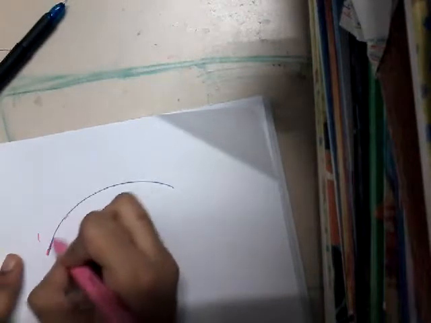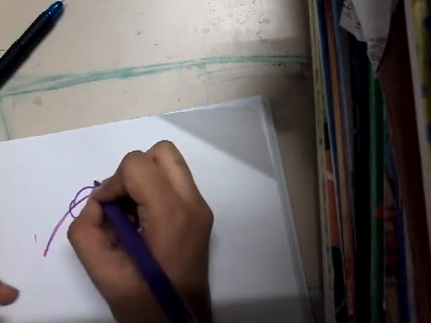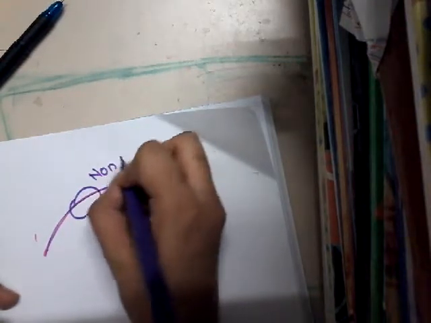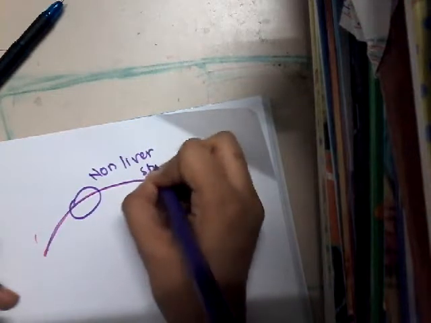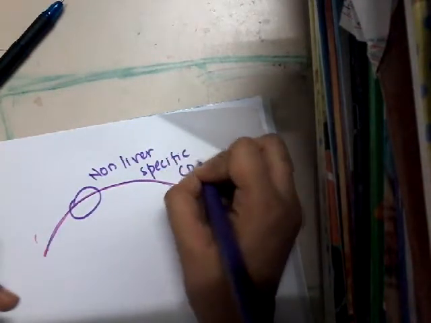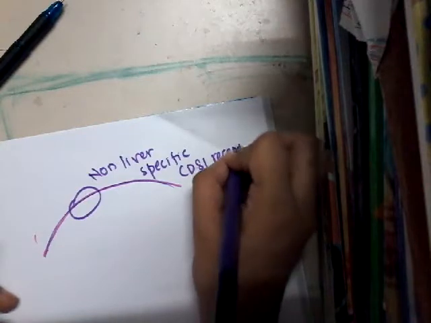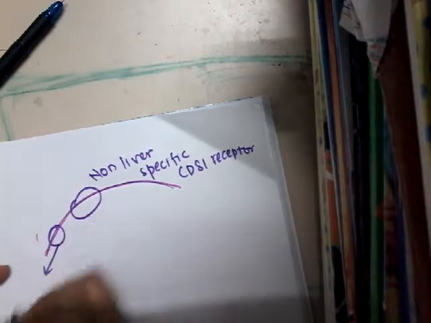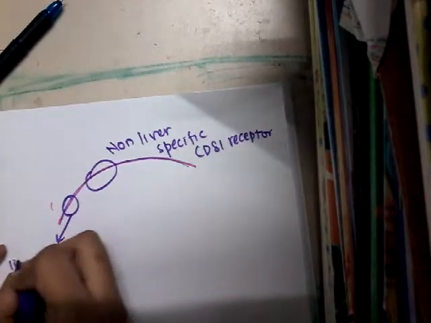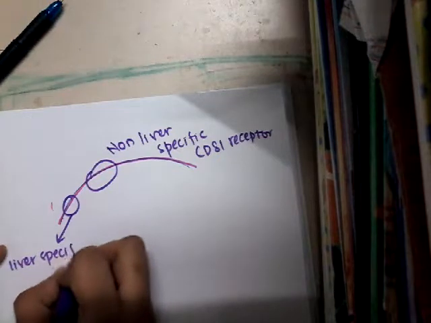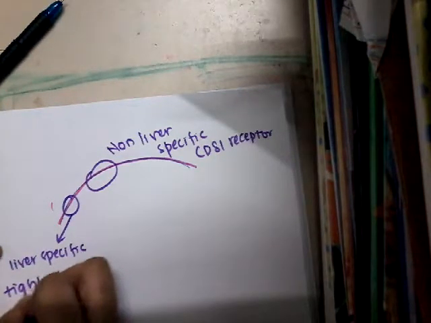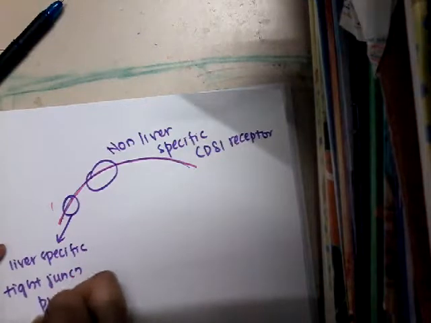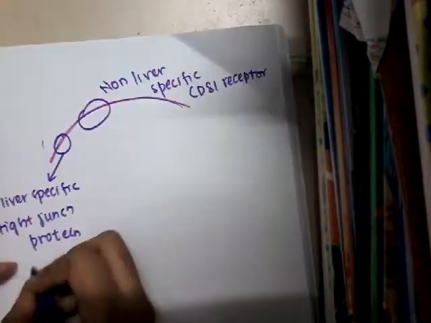If this is the hepatocyte, to this hepatocyte there is a receptor which is non-liver specific, the CD81 receptor, and there is another protein which is liver specific, a tight junction protein which is called claudin.